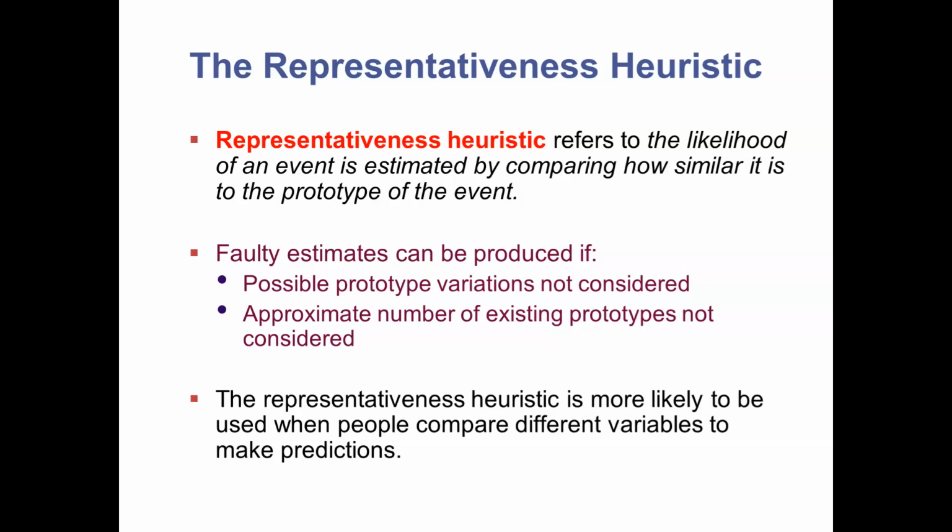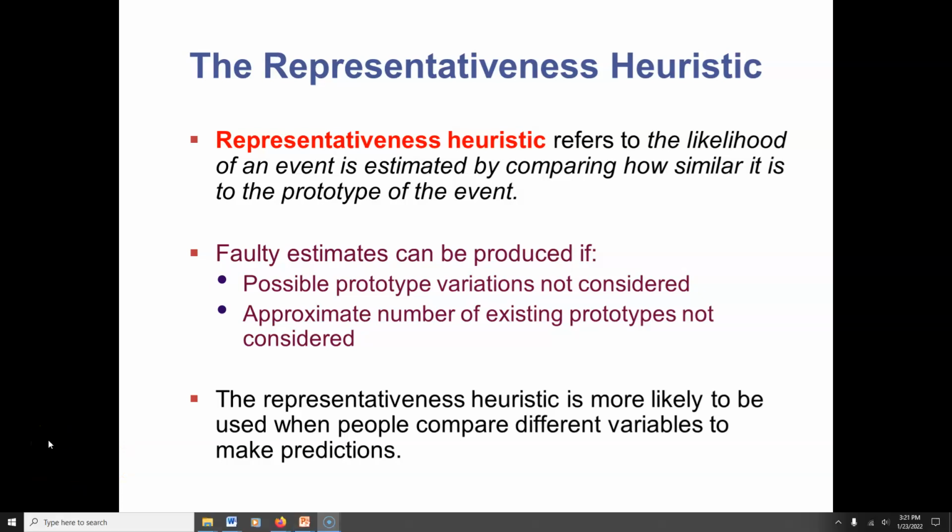That can be a little faulty, because when we estimate using the representativeness heuristic, it means that we possibly are not using the prototype variations, or they're not considered very accurately. Okay, so let's proceed.